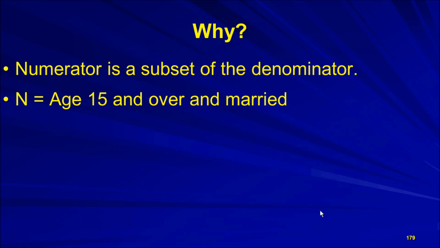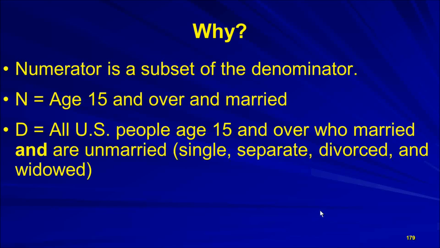Okay, why? The numerator is a subset of the denominator. N is age 15 and over, and married. We're going to repeat it again. All U.S. people age 15 and over who are married and who are unmarried, which includes single, separated, divorced, widowed, and never married. I guess that would be single, so don't let that confuse you.